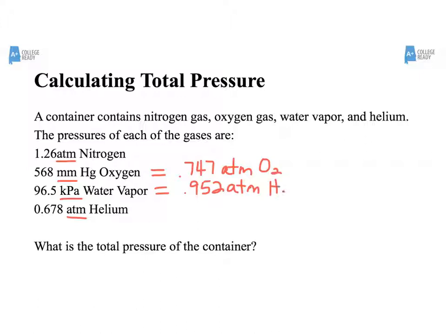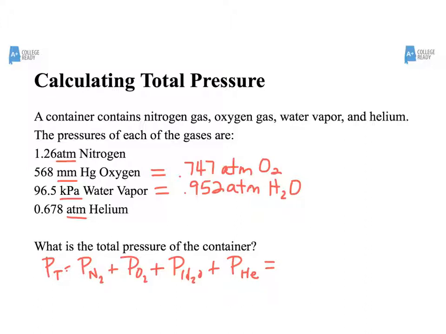So now all we have to do is add the pressures up to get the total pressure. So the total pressure would equal the pressure of the nitrogen plus the pressure of the oxygen plus the pressure of the water vapor plus the pressure of the helium. And so now you're literally just going to plug everything in and add them up.